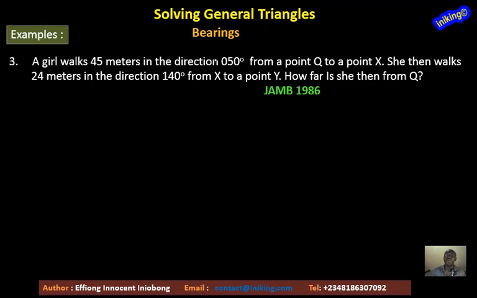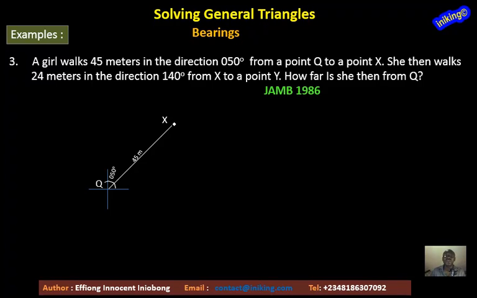It's taken from Q. So we're going to first of all locate our Q and then fix the bearing there. So that's it, Q, and the bearing is saying 050 degrees. So we are using the convention of measuring clockwise from the north direction. So this is 50 degrees. And that's the bearing. And it's 45 meters to the point X.